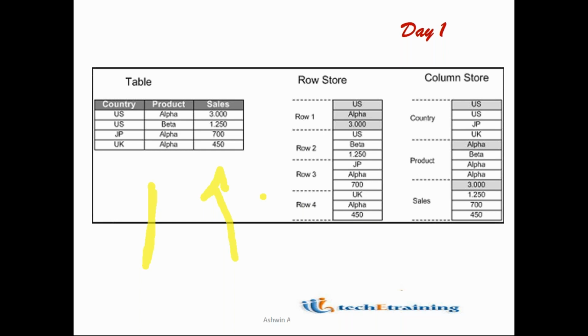Suppose you are talking about gender, and you have 1000 records. Gender has 1000 values, but if you put it in a column, what are the distinct values for gender? Only 2. We are saving 998 records' worth of space because of the column store.